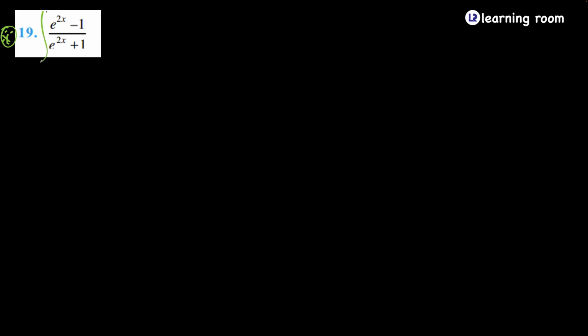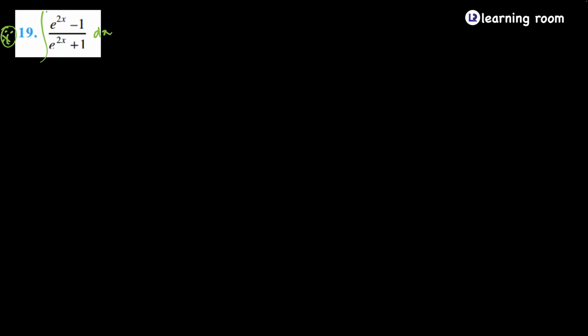So the question is integral of e power 2x minus 1 divided by e power 2x plus 1 times dx. So most of the cases, what will happen is you will either substitute the denominator as t and you will get the numerator as dt. Most of the problems, right? But here the challenge is if you try to substitute e power 2x plus 1 as t, you will not get the numerator to be dt.